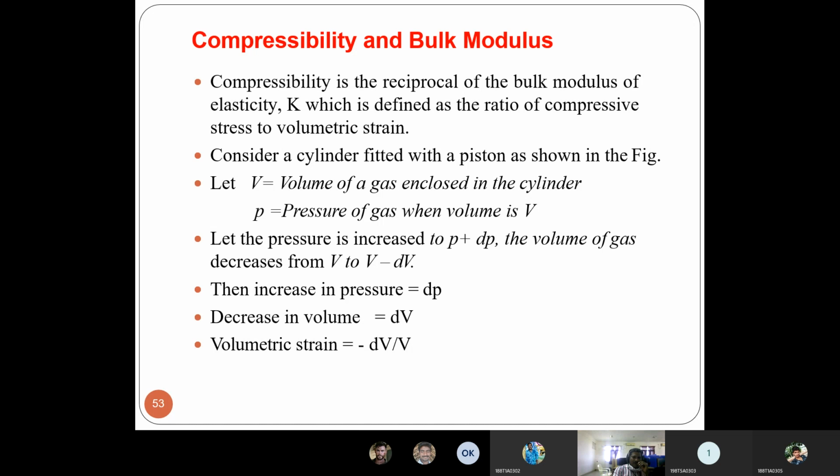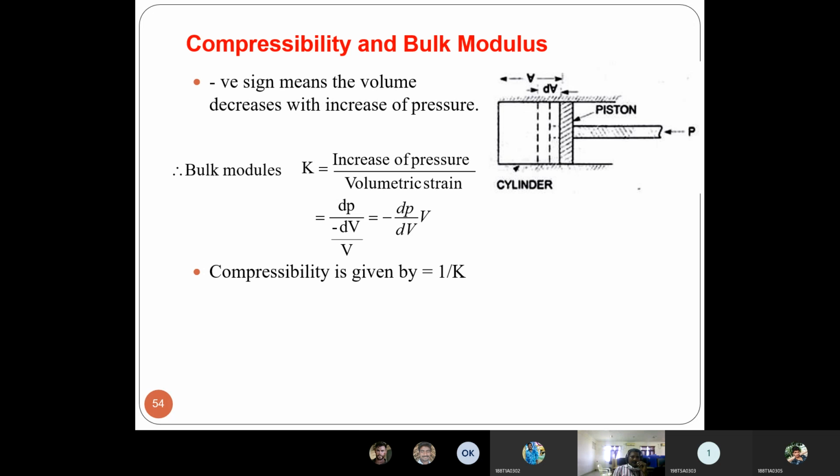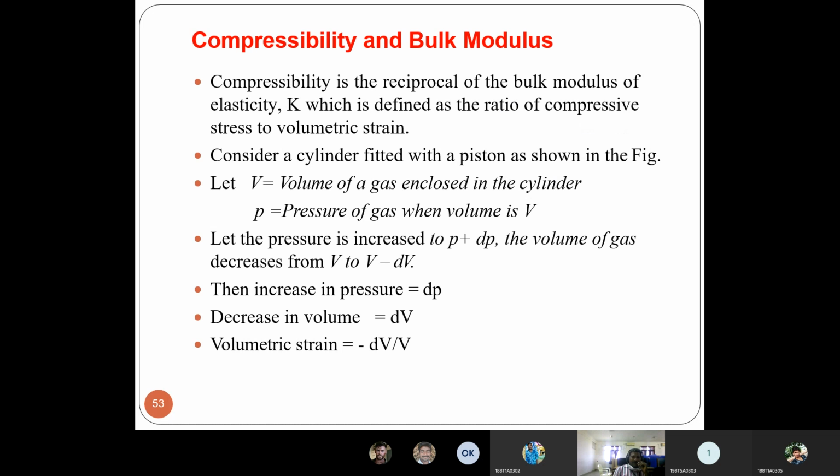Compressibility is the reciprocal of the bulk modulus of elasticity, which is defined as the ratio of compressive stress to volumetric strain. To understand this, once again recall the terms.